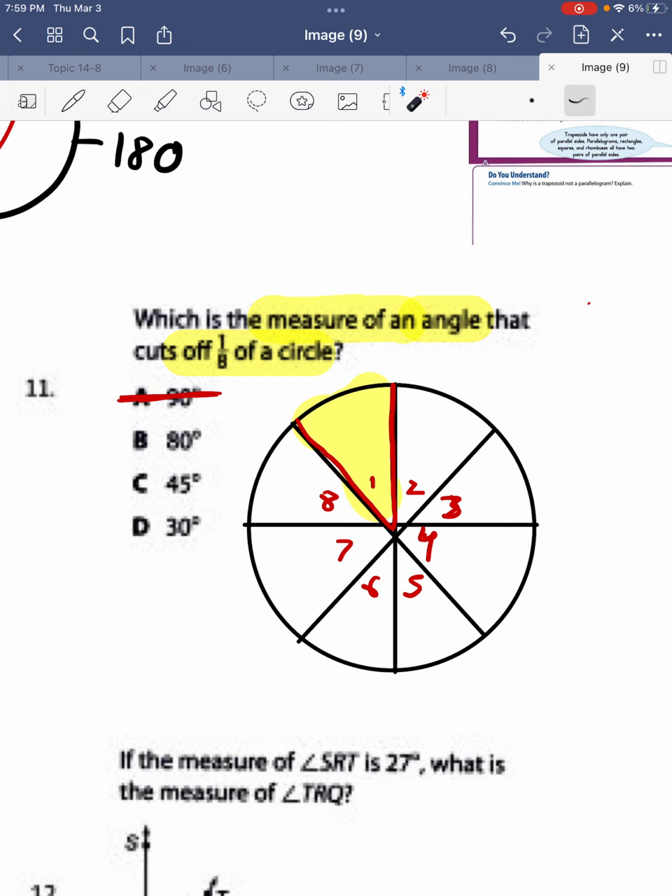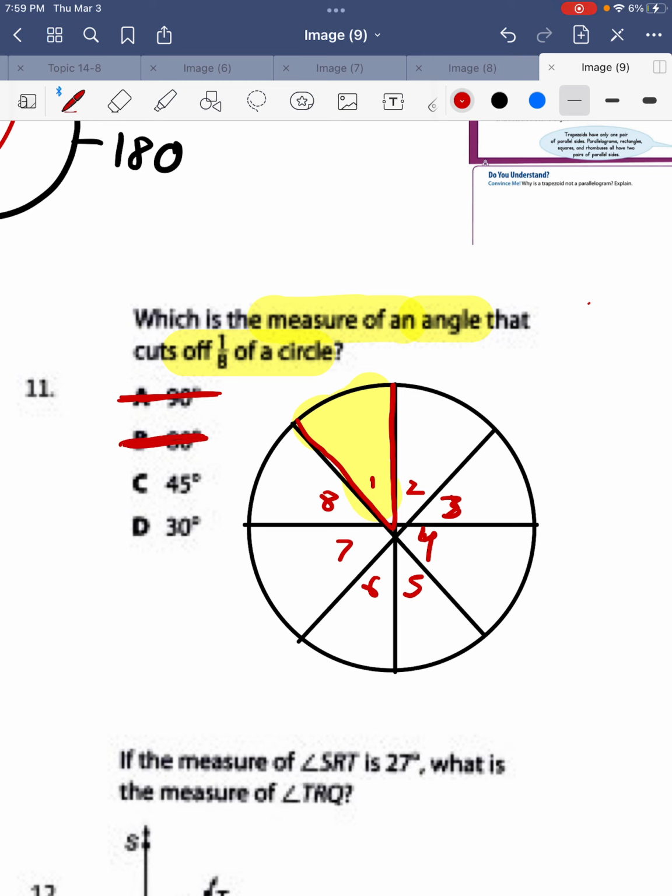If this was 80 degrees, it would be a little bit bigger than this. This is way too small to be 80 degrees, because 90 degrees would be this. So it's not 80 degrees.